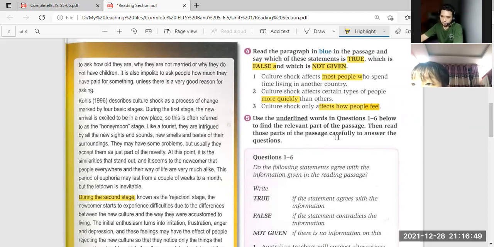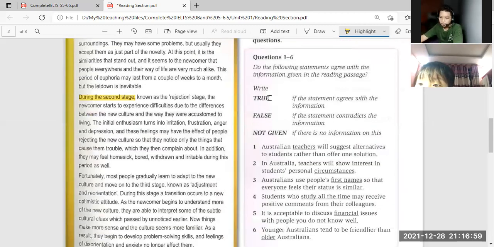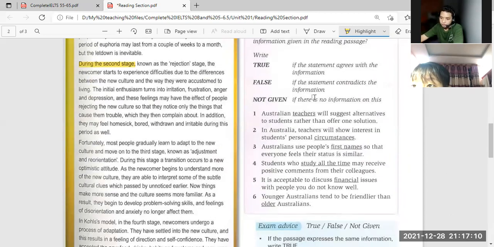Then read those parts of the passage carefully to answer the questions. Are you ready? Yes. Choose true if the statement agrees with the information, choose false if the statement contradicts the information, and write not given if there is no information on this.